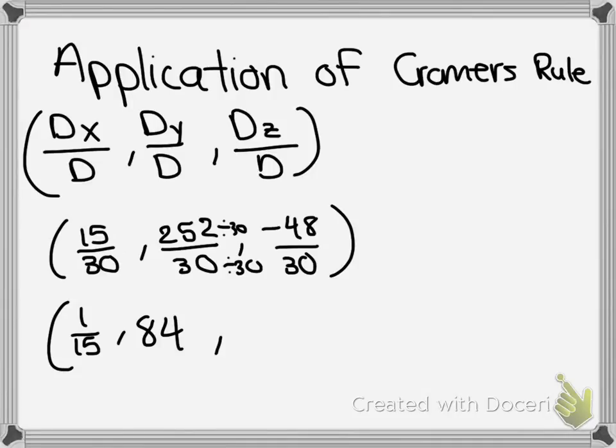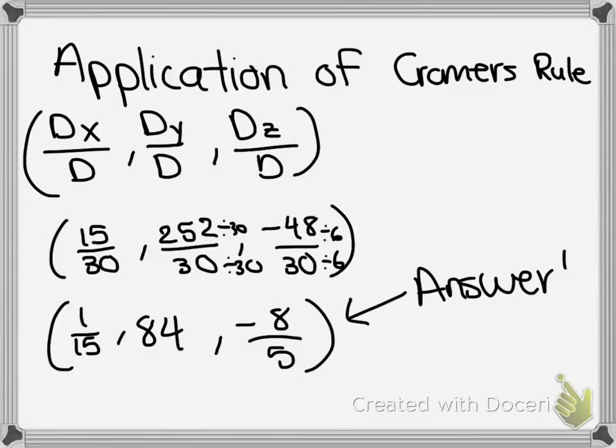And for the next one, for negative 48 over 30, we simplify the top and bottom by 6. So our answer is negative 8 over 5. So the ordered triple of 1 over 15, 84, and negative 8 over 5 is your answer. Yay. The end.